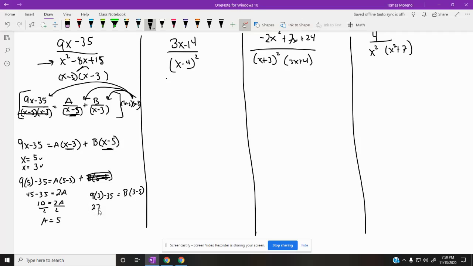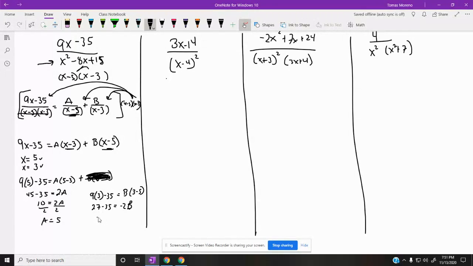This becomes 27 minus 35, which equals 2 times B. Notice I didn't write the A because I already knew that if I plug in 3 here, it's going to be 0. Because the first one canceled out the B, the second number cancels out the A. That's just me saving a little bit of time.